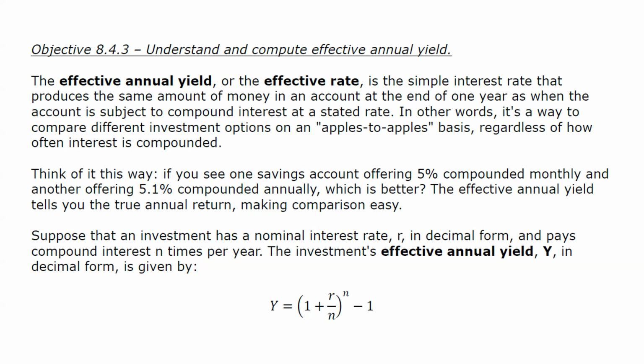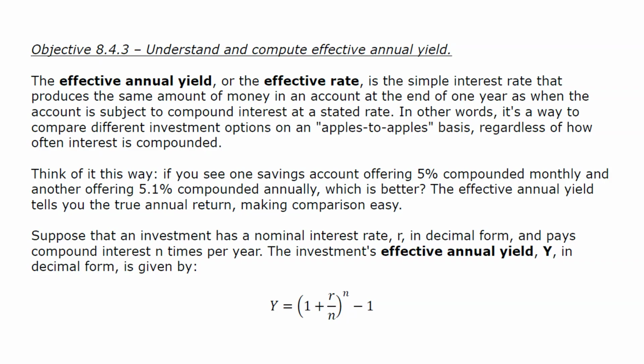Objective 3. Understand and compute effective annual yield. The effective annual yield, or the effective rate, is the simple interest rate that produces the same amount of money in an account at the end of 1 year as when the account is subject to compound interest at a stated rate. In other words, it's a way to compare different investment options on an apples-to-apples basis, regardless of how often interest is compounded.